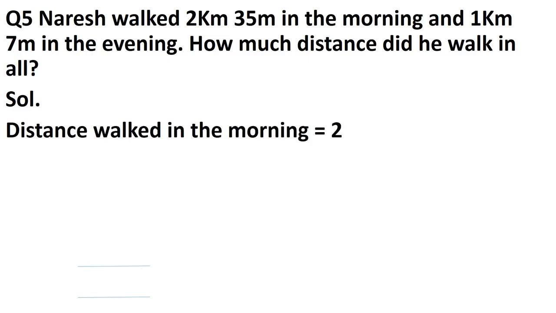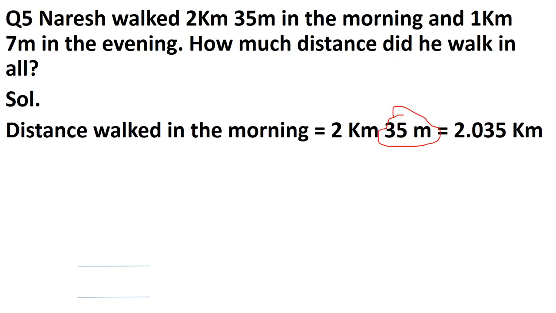Distance walked in the morning, it is 2 km 35 meter, which is equal to 2 decimal 035 kilometer. Have you understood how I have converted this 35 meter into kilometer? Because 1000 meter equal to 1 kilometer. So what I have done? I have done 35 divided by 1000.